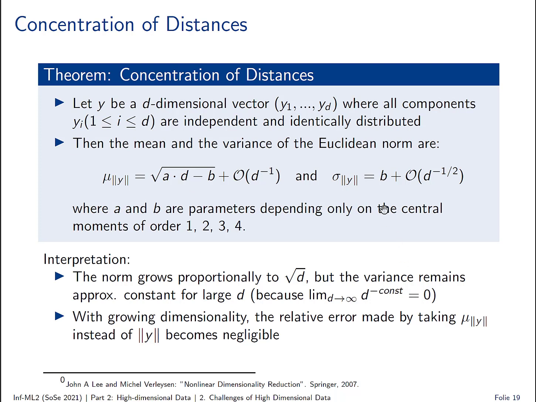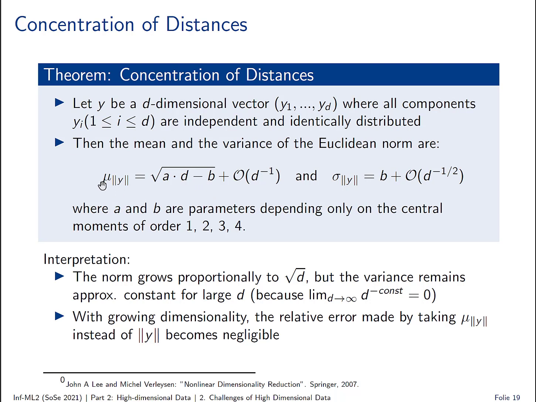But the variance doesn't grow, it remains the same, because the limit of d to the power of some negative constant is 0. So for large d, the variance remains the same. A and B are constants, more or less.